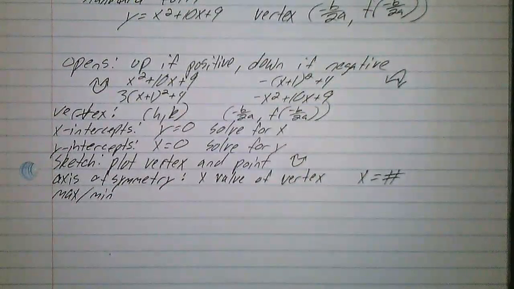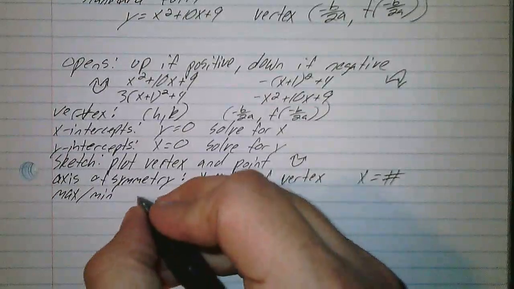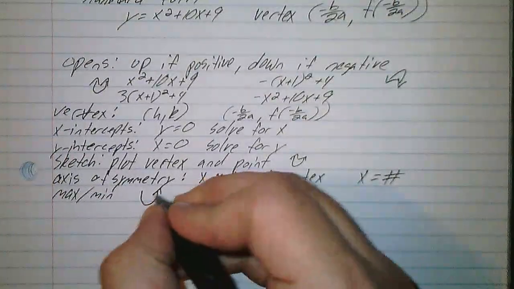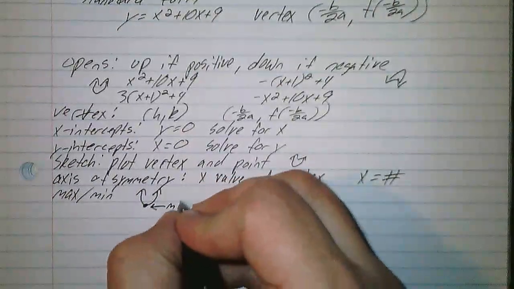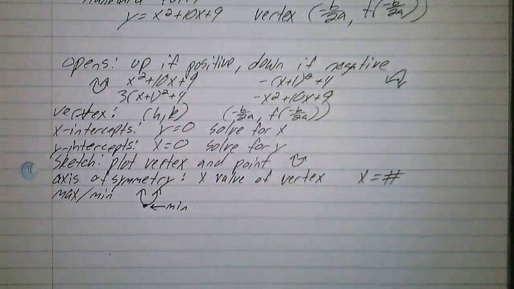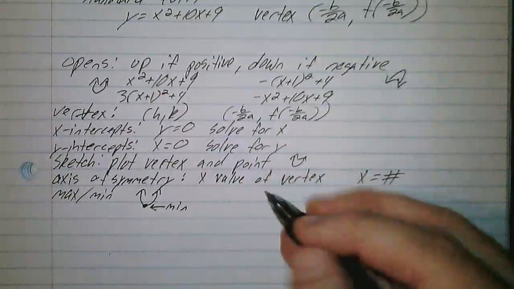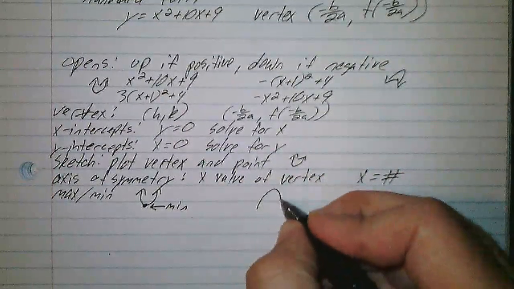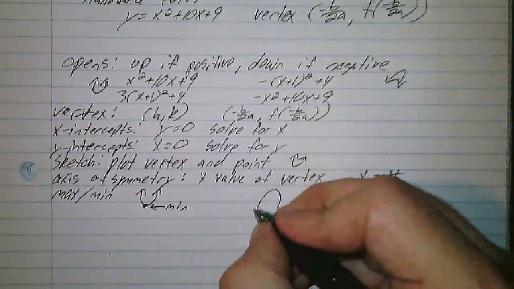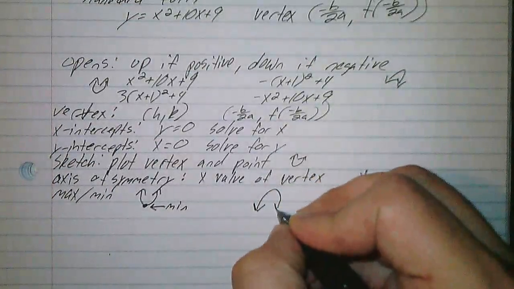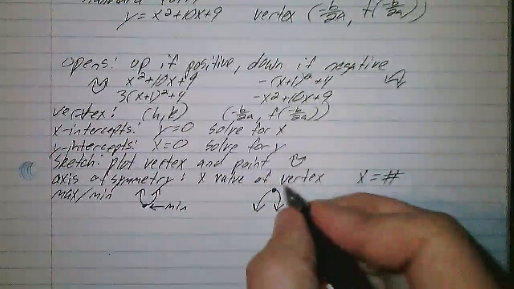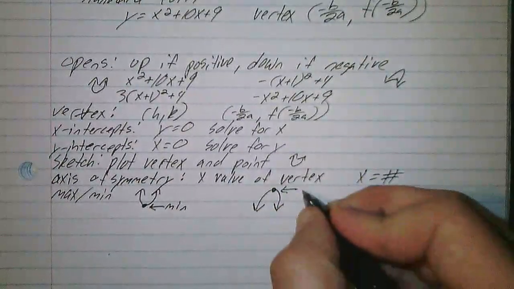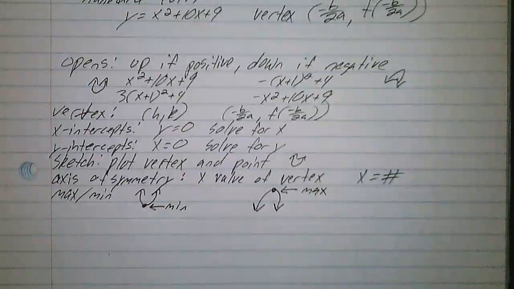Next, you will be asked about a maximum or minimum value. So if we open upwards, we have a minimum. Leave some space here because I'm going to write underneath it when we get to range. But if we have a parabola that opens downwards, we have a maximum value.